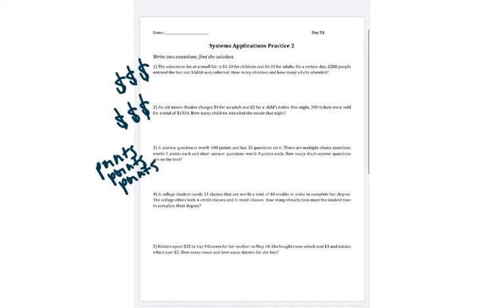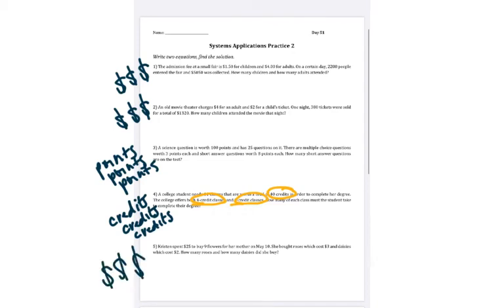Number 4, it says credits plus credits equals total credits. You find the thing that repeats itself 3 times. Credits plus credits equals total credits. And then the last one goes back to dollar signs. So again, it's money plus money equals total money. Very easy. So go ahead, try numbers 1 through 5.